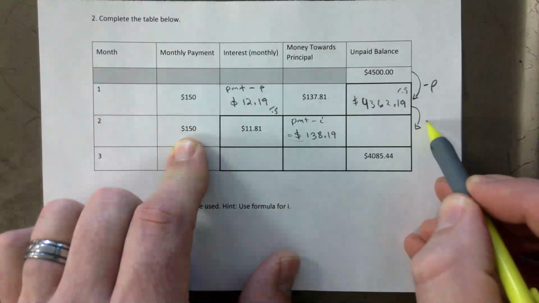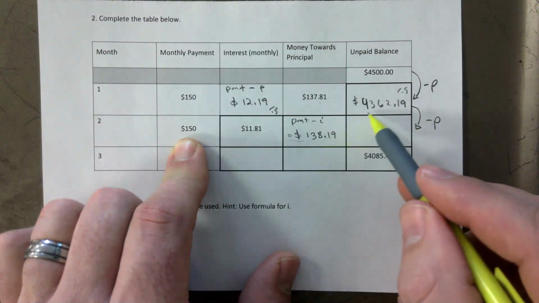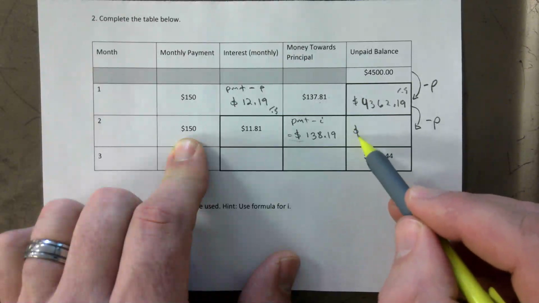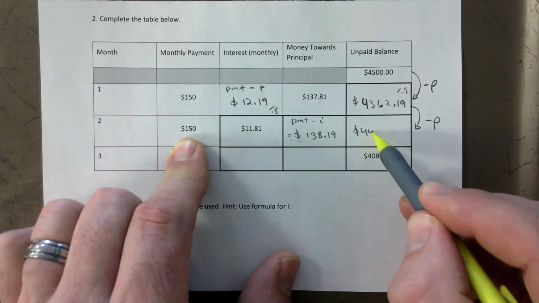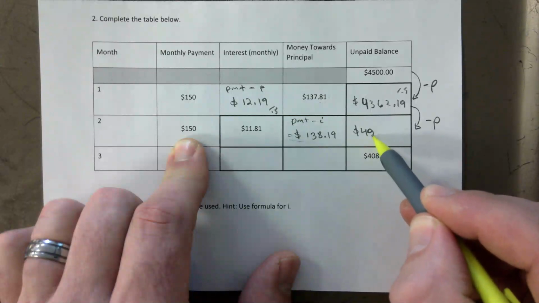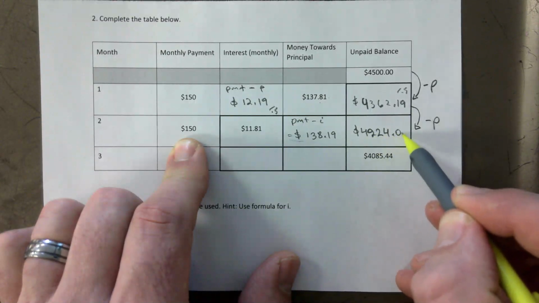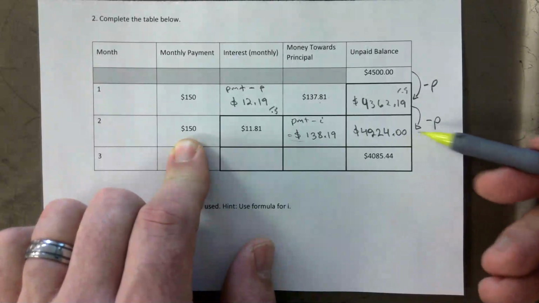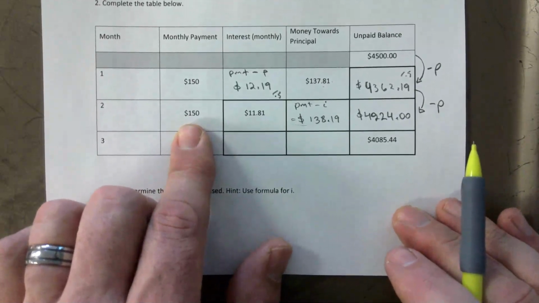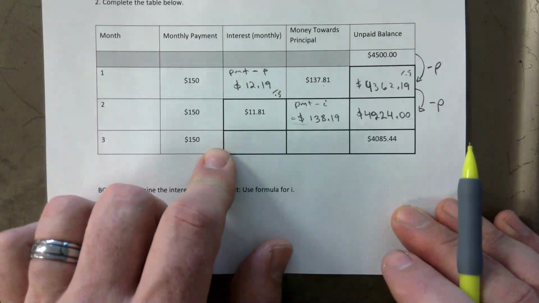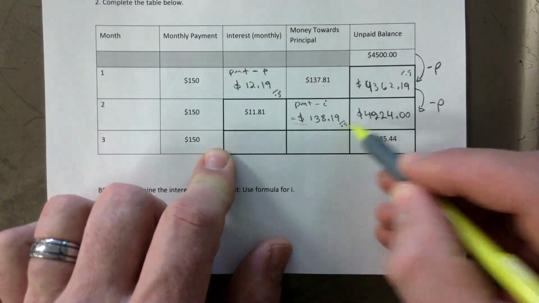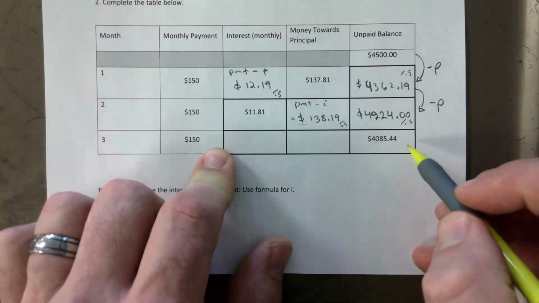I go minus P here. So this principal brings down what I owe them, and it's actually a round number. 4,224 exactly. You don't need the 2 zeros if you don't have that, that's fine. So half a mark for each. That's basically how I mark this.